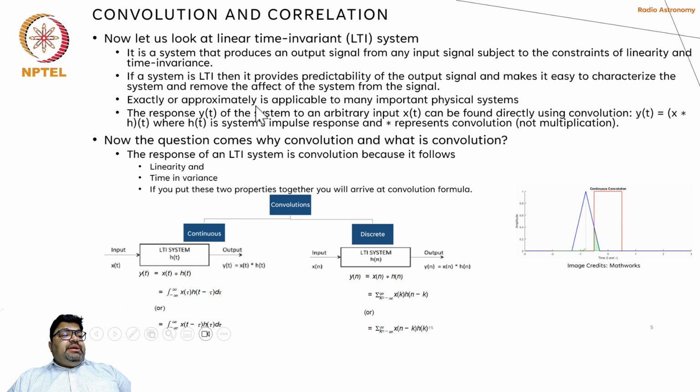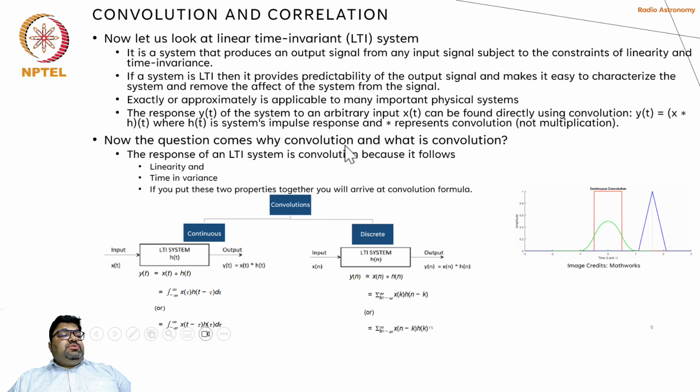This is exactly or approximately applicable to many important physical systems. The response y(t) of the system to an arbitrary input signal x(t) can be found directly using convolution: y(t) equals x(t) star h(t), where h is the system's impulse response and the star represents convolution and not multiplication.